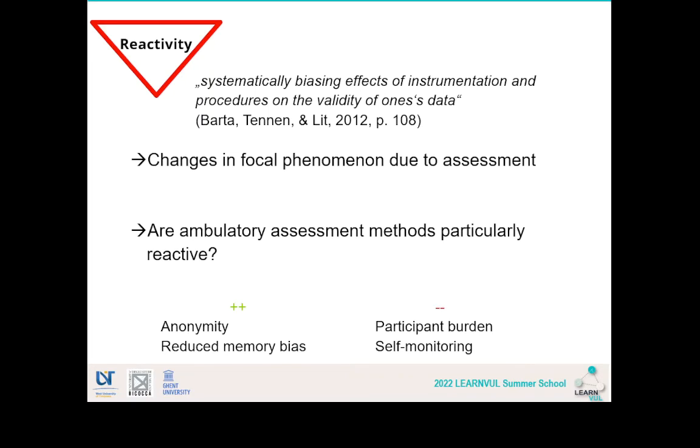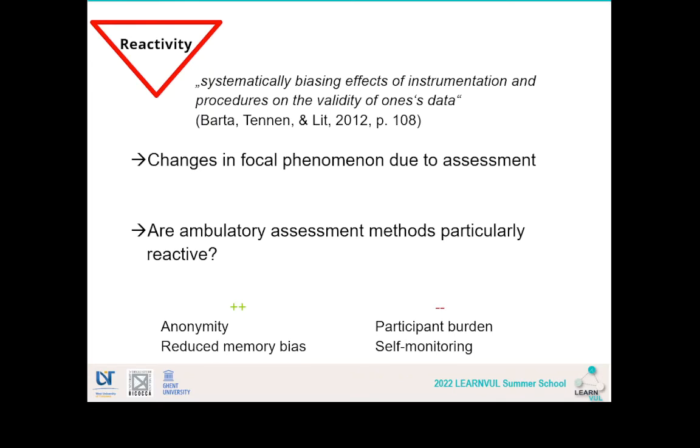Just asking people how much they intend to do physical activity will increase the likelihood that they do physical activity. So imagine asking people 5 times a day how many steps or how much activity they're doing now. It increases the activity, so you need to find a way around that.